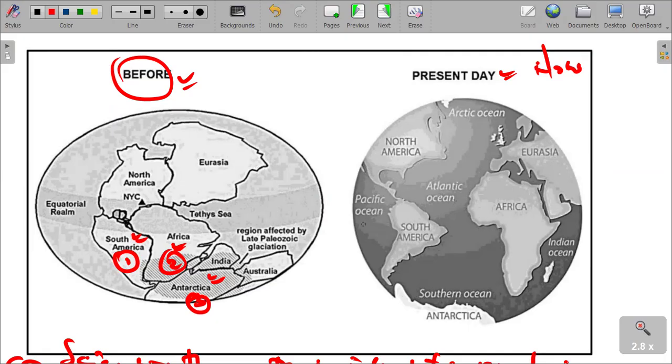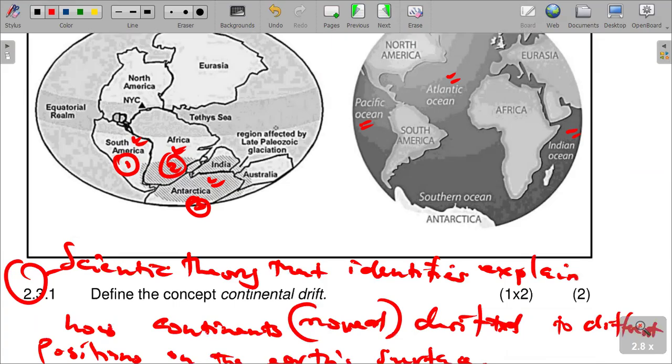As you can see, we now have Pacific Ocean waters dividing these continents. We have the Atlantic Ocean, the Indian Ocean, the Southern Ocean and Antarctica regions that are also formed here. Eurasia, Africa, all these other continents that we have now were once one mass of Earth, as you can see on the photograph that says before.